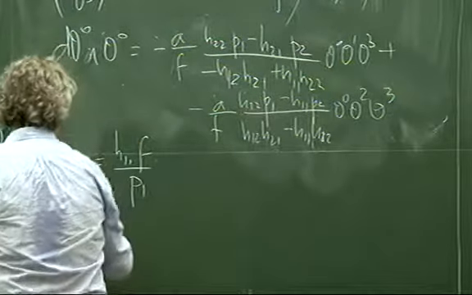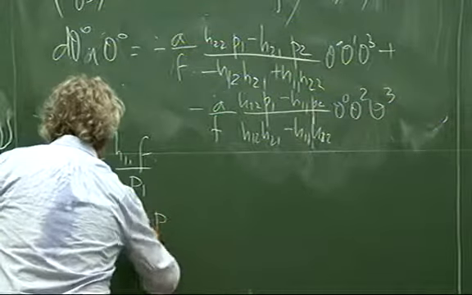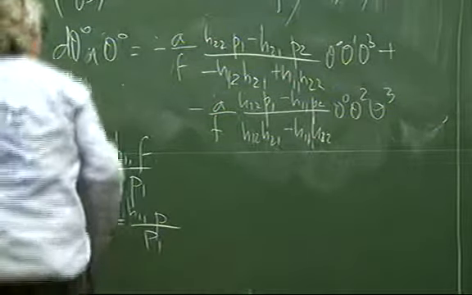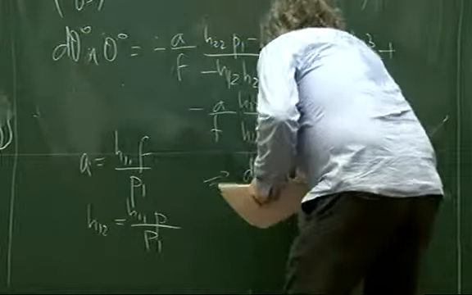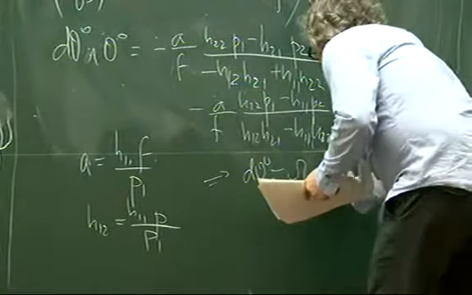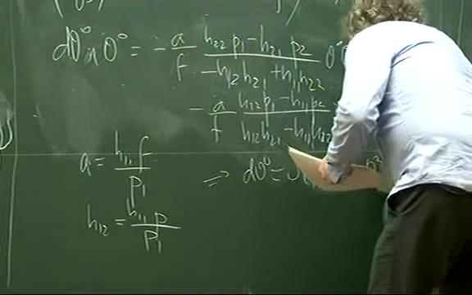P1 is just dP over dA1, H12 equal to H11 P1 over P1, and this brings me the form d theta 0 to a form like omega 1, theta 0 plus theta 3, theta 1.